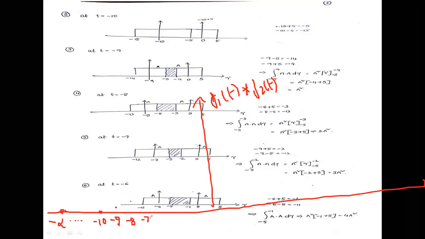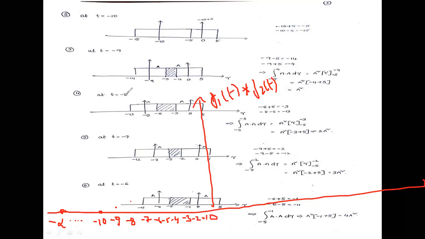Minus 7. Okay. And minus 6, minus 5, minus 4, minus 3, minus 2, minus 1, and the 0.